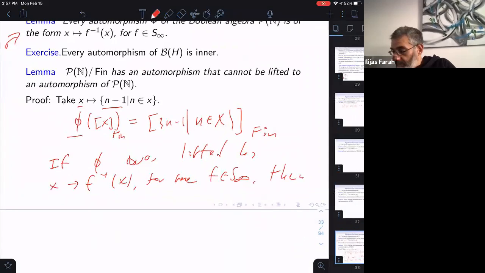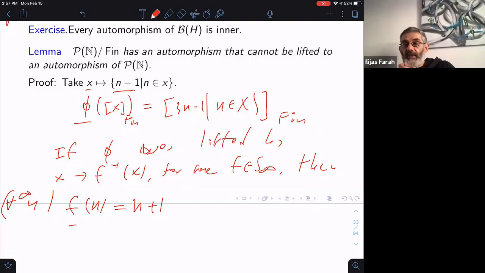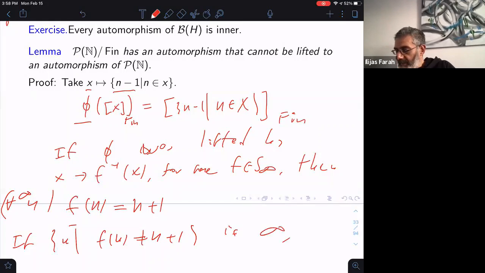Then what would we have? Well, we would have that f of n would have to be equal to n plus 1 for all but finitely many n. Right? If you have infinitely many n such that f of n is not equal to n plus 1, right? So if the set of all n such that f of n is not n plus 1 is infinite.